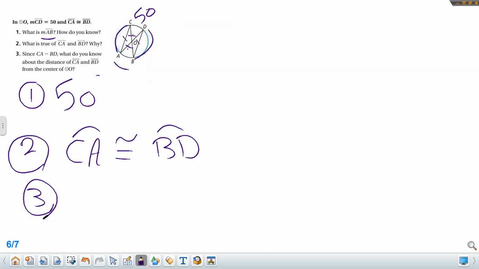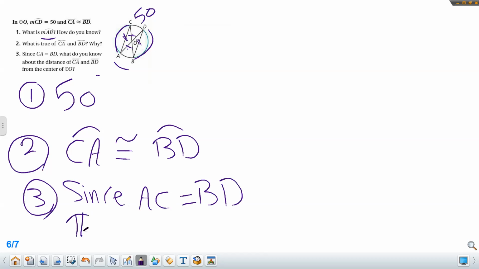Since CA equals BD, what do you know about the distance between CA and BD from the center O? If you have two equal chords, they are equidistant from the center.